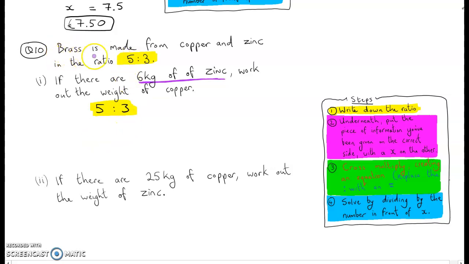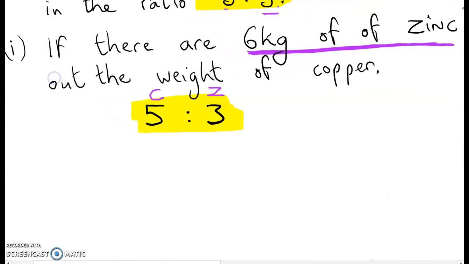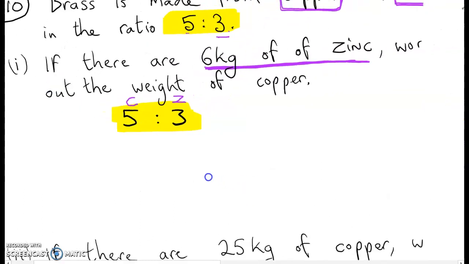It says, brass is made from copper and zinc in the ratio 5:3. That means the 5 belongs to the first word and the 3 belongs to the second word. So it's no harm to write that in. C for copper, Z for zinc. 5 is copper, 3 is zinc.